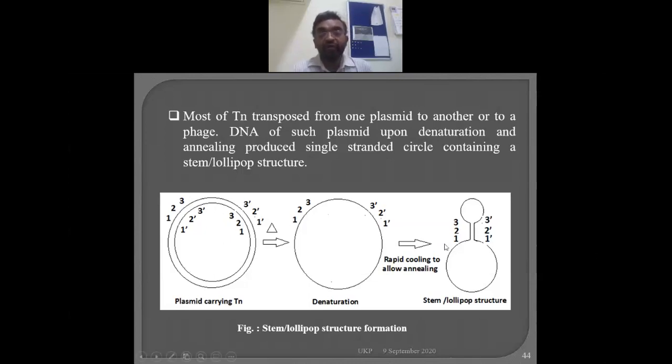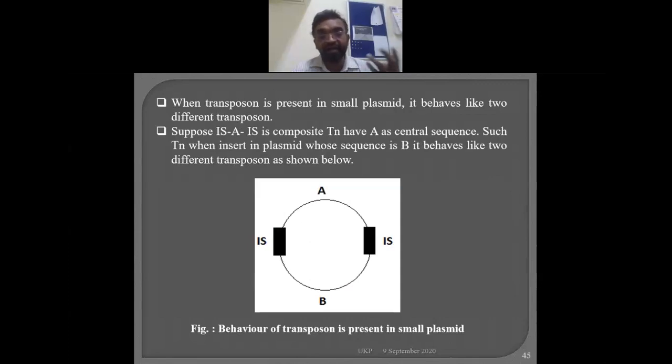If we find such a stem or lollipop structure, that indicates that these transposable elements are present. So this is another way by which we can detect them. As far as these complex transposable elements are concerned, phenotypically also we can detect them. For example, if an antibiotic resistance gene is there, that gives a hint that transposable elements are present.